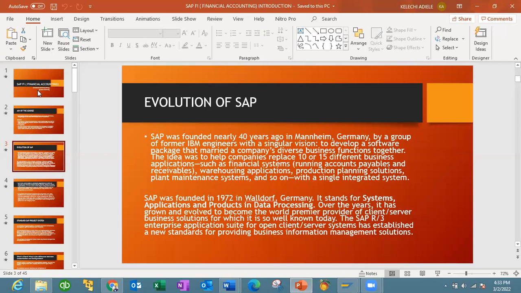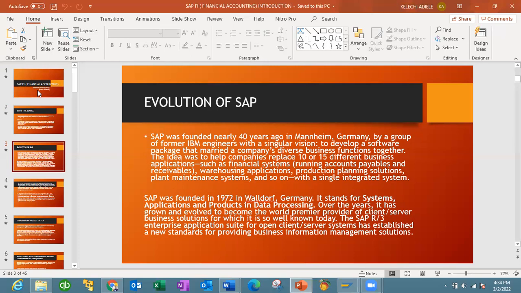So the function of ERP is to bring together all these various modules so that they can speak to each other and help the business make very important decisions.